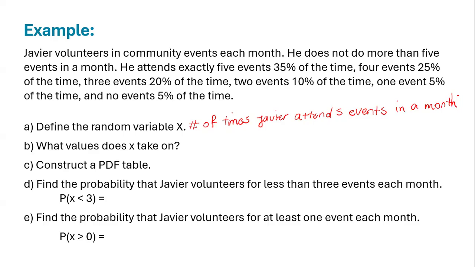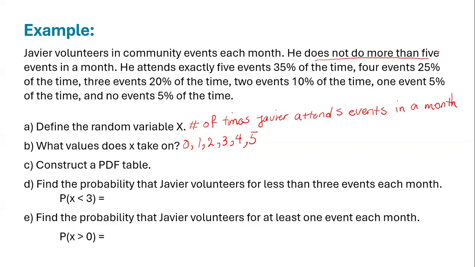What values does x take on? He can attend events 0 times, meaning not attending any events, or 1 time, or 2, or 3, or 4, or 5 times. And it says he does not do more than 5. So the values of x can be only from 0 to 5.